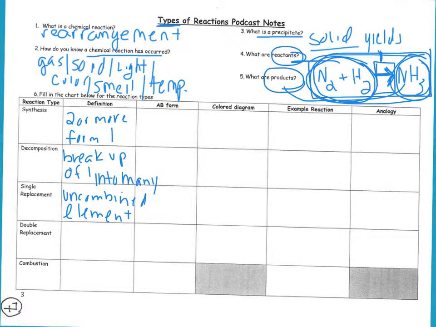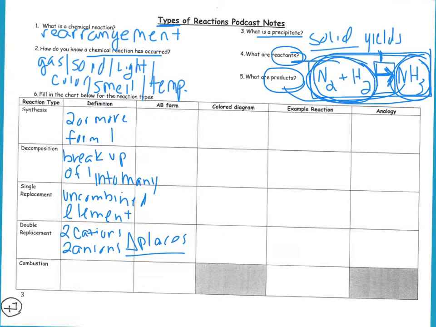A double replacement will usually involve two cations and two anions that change places. So you have one chemical reaction and another chemical reaction, and they will swap partners. They will change places with each other.